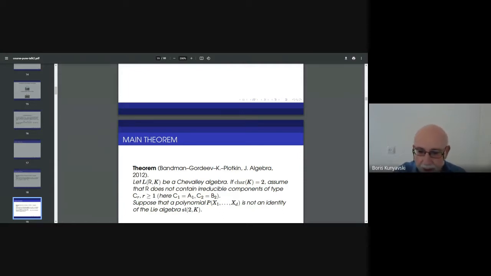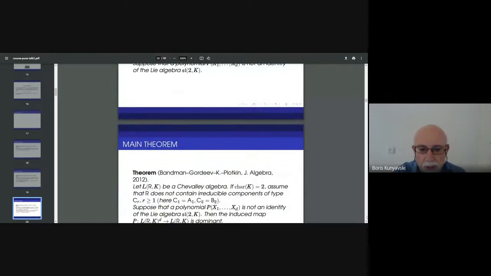And under this assumption, we can prove that the induced map is dominant. So it's a sort of best approximation to Borel's theorem in this universe of Lie algebras. Let me say something about this statement. What's the meaning of the assumption made here?